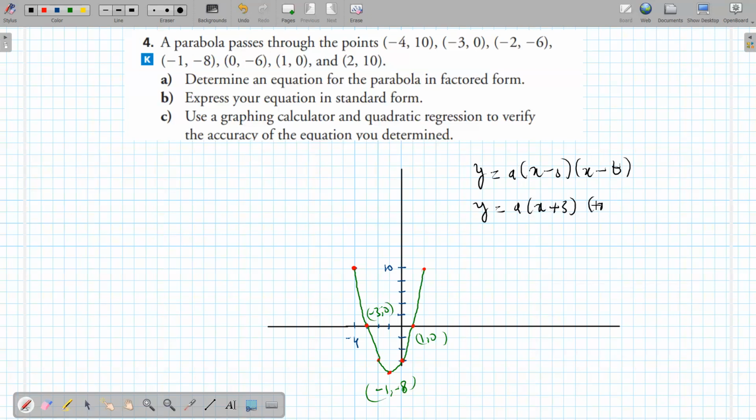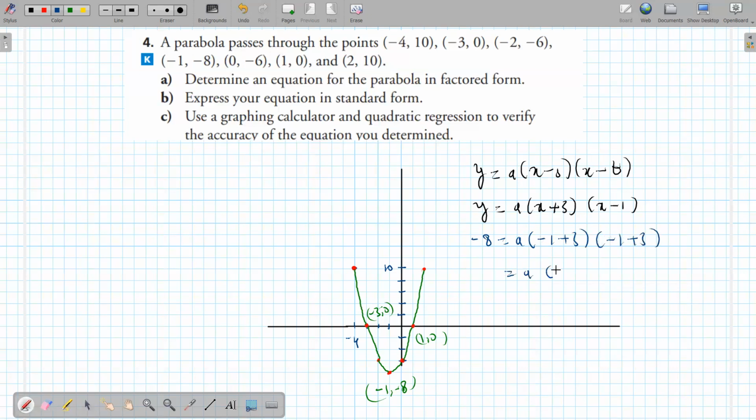Plug t as 1 becomes x minus 1, like that. How do we find a? You plug in another point, and usually the vertex, if you have it, would give you the best model. So y is -8 when the x is -1, like this.